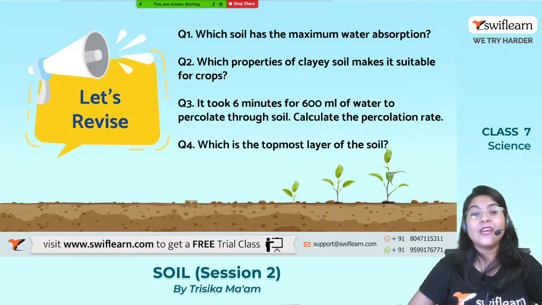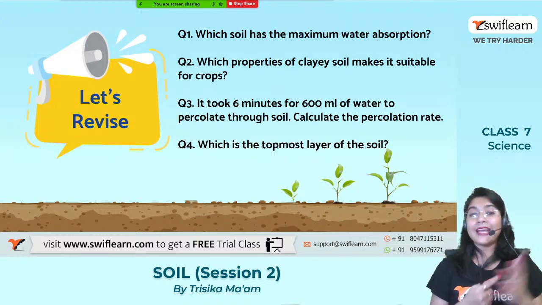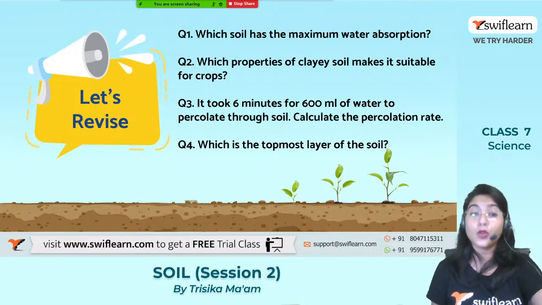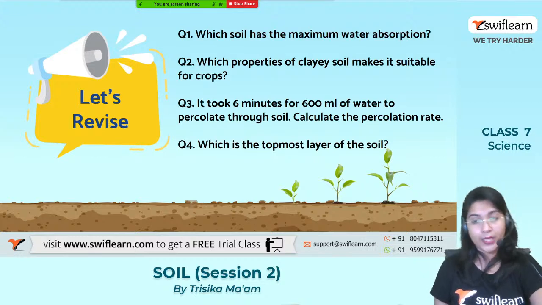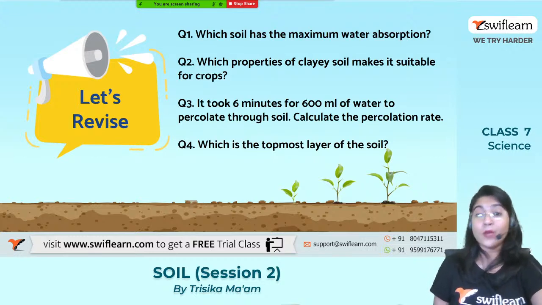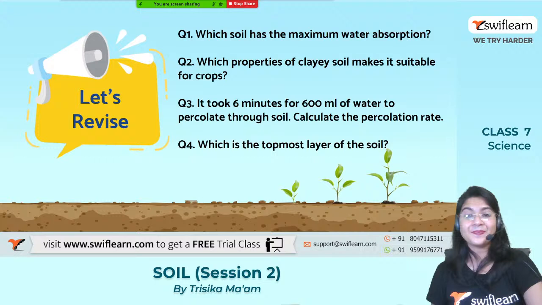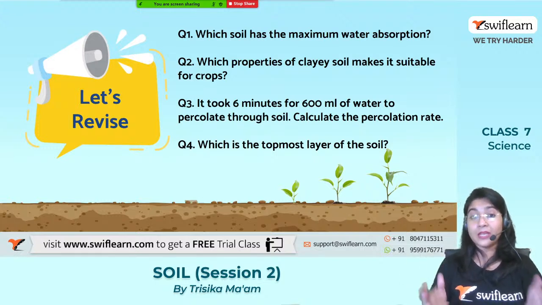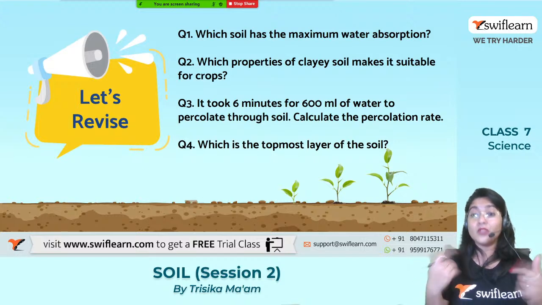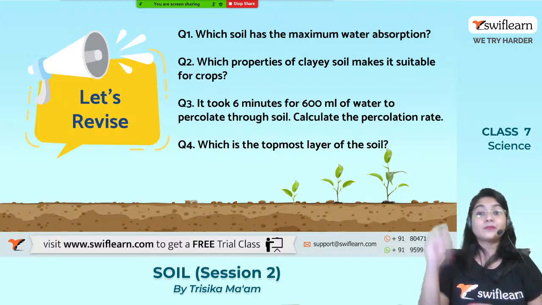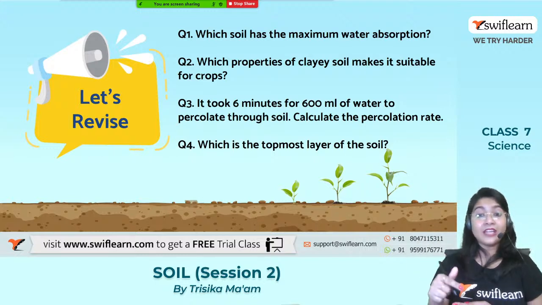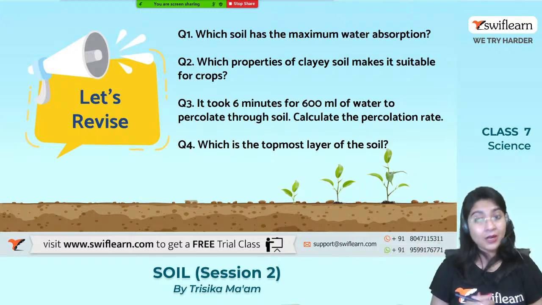Okay. Now coming to the third question that says it took 6 minutes for 600 milliliter of water to percolate through soil, right? So now calculate the percolation rate. Yes, what we have studied is that percolation rate is equal to the amount of water which we are pouring in the soil divided by the time taken for the percolation, right?